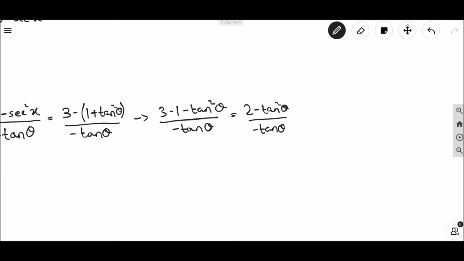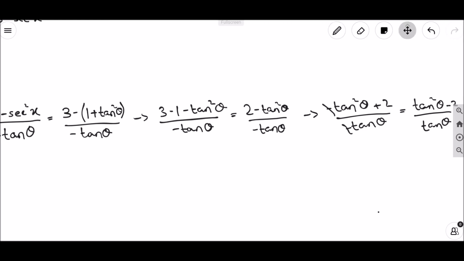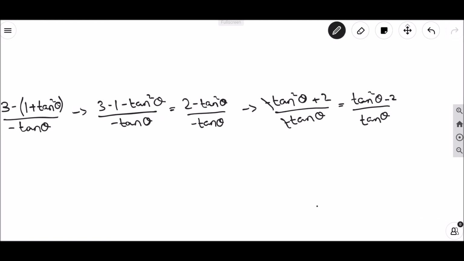Now if I rearrange this, I can write it as minus tan squared theta plus 2 over minus tan theta. In this way the minus signs will get cancelled out, so we are left with tan squared theta minus 2 over tan theta. So this is our derivative.